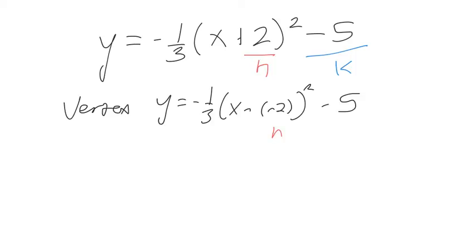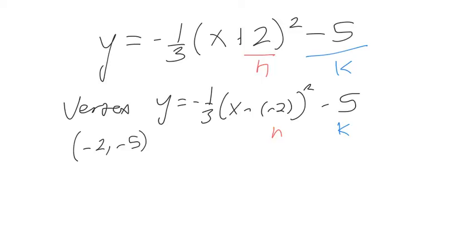If you're going to read off the vertex easily, then it always has to be x minus h. Here I have x plus 2, so I can always turn a positive into a subtraction of a negative. So that's my h. My k is easy though. My k always works. It's that one right there. So my vertex in this case is negative 2, negative 5.